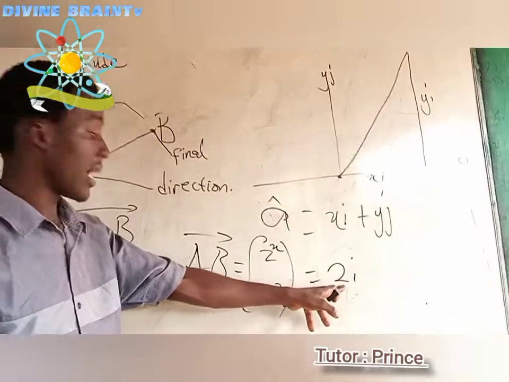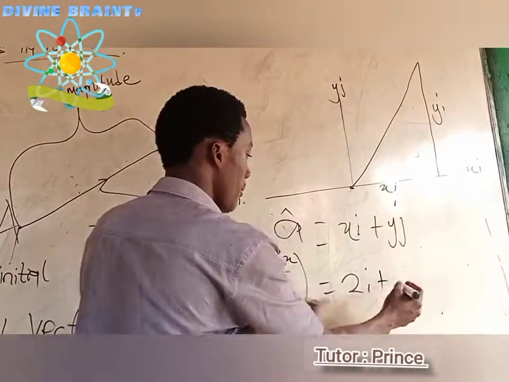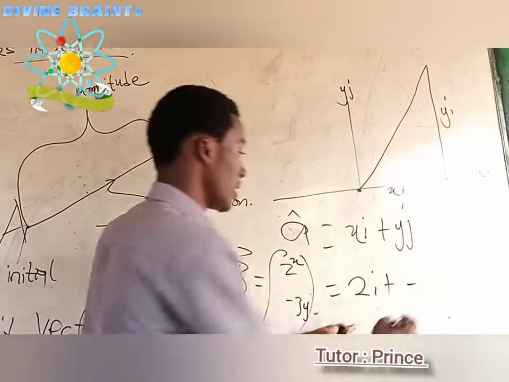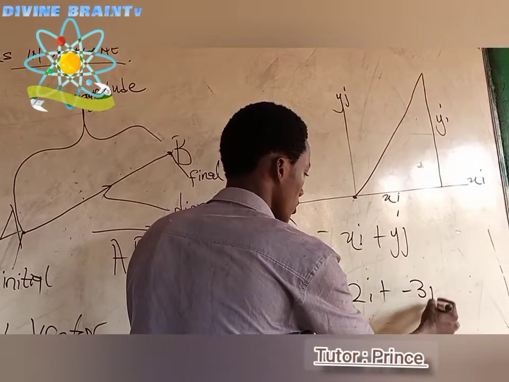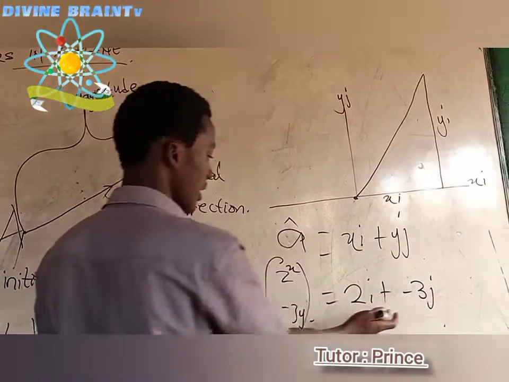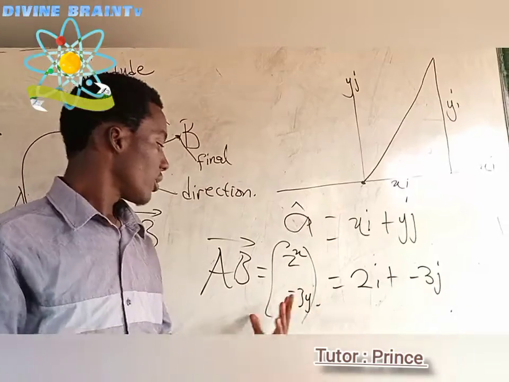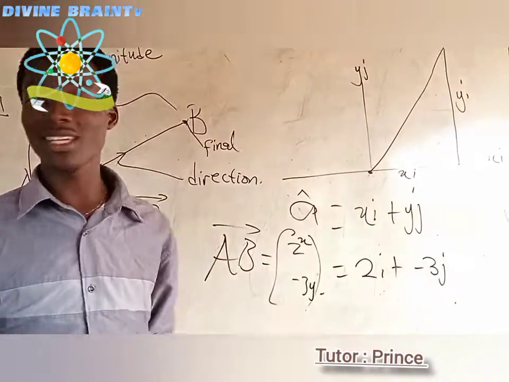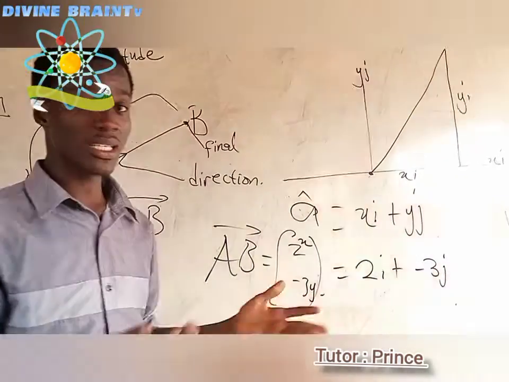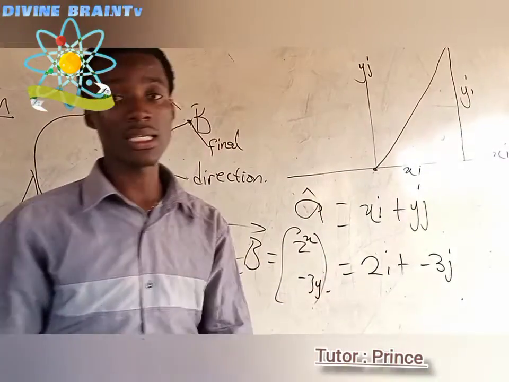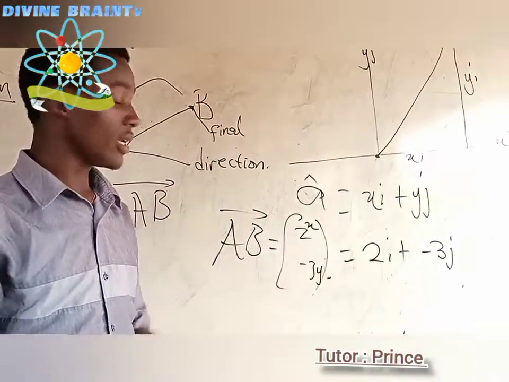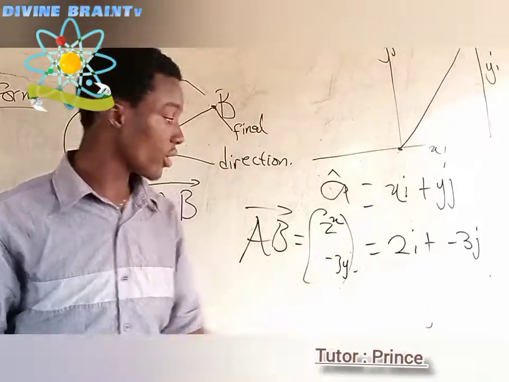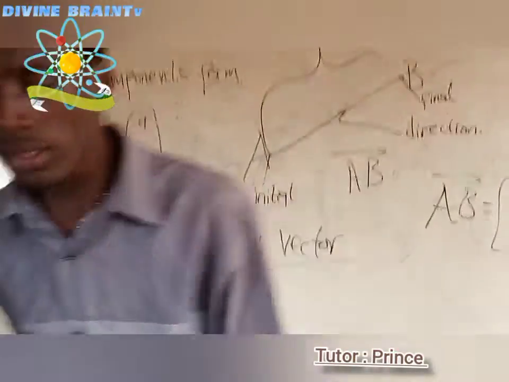Then plus minus, because this is negative, negative 3j. So this is a unit vector. In case of an exam, if they ask you to represent it in unit vector form, this is the exact way for you to do that.